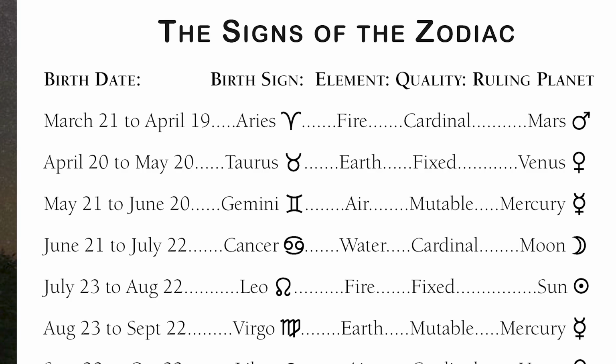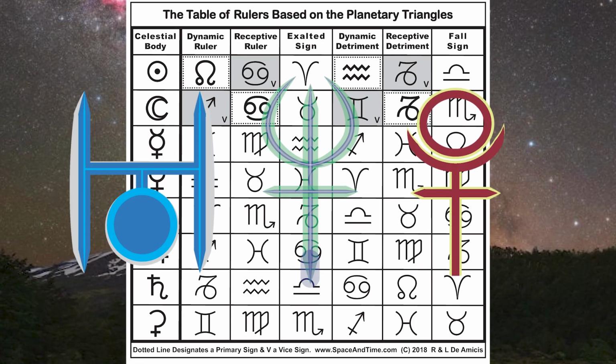There are no rulers for Uranus, Neptune, or Pluto because they're outside our visual range. The geometry that underlies the table describes the relationships between the 7 bodies as a reflection of human relationships.